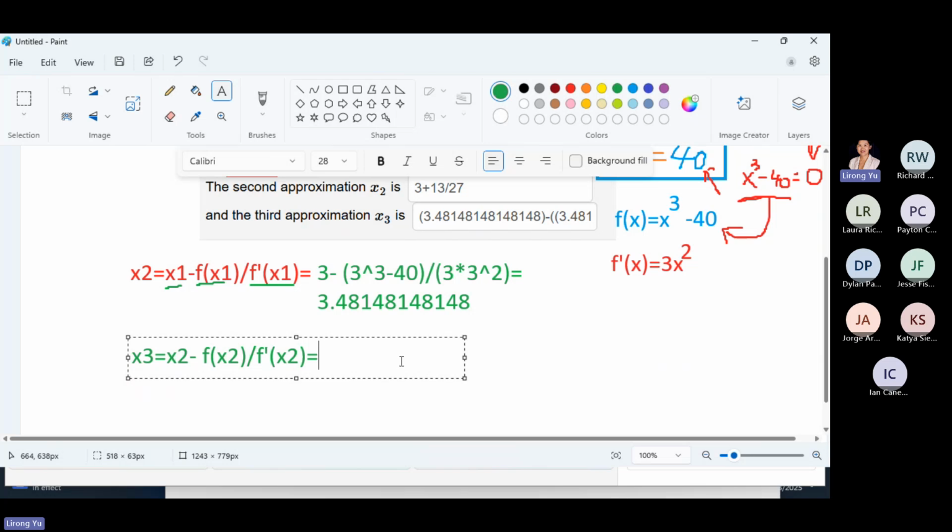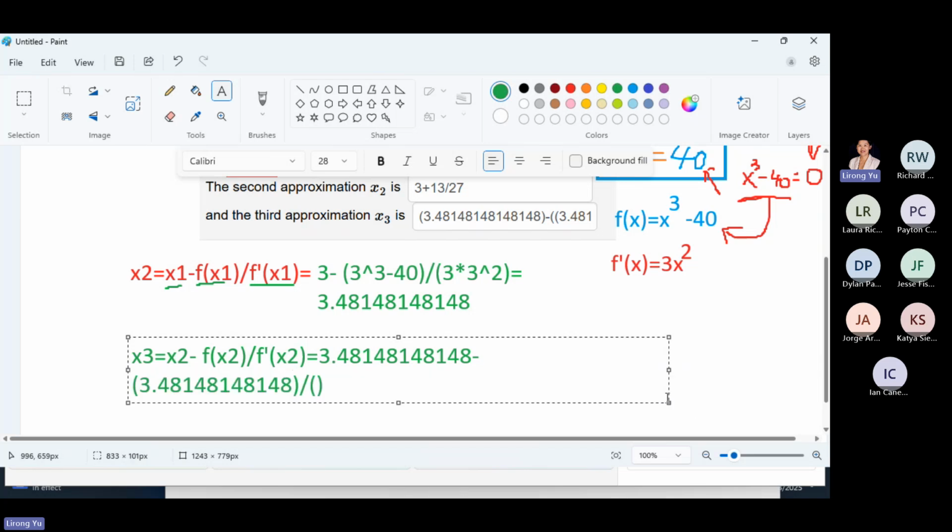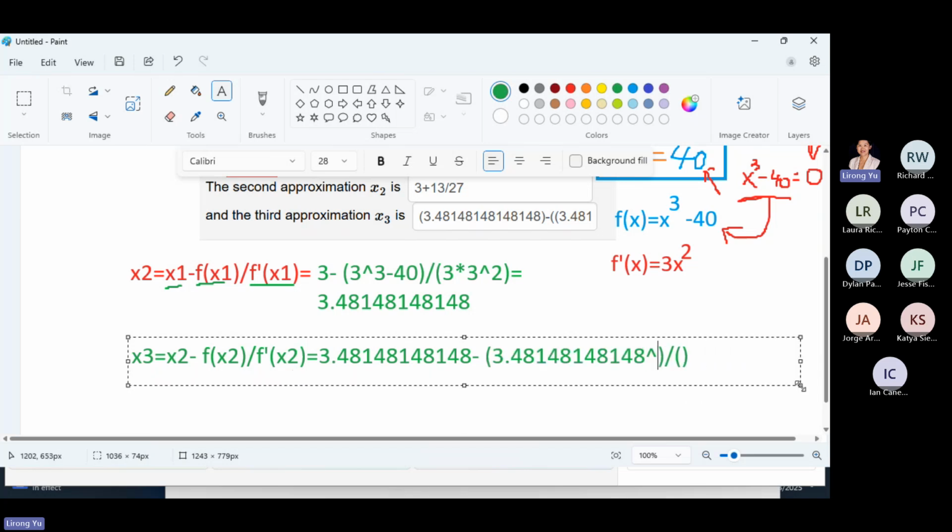It's iterative because the previous number is being applied to calculate the subsequent number. So you have this number, that's the x2, and you have to minus this number, function value divided by the derivative of this number. So what's the function value? It's x cubed minus 40. So this number that we had as x2, you have to find its cube power and then minus 40.